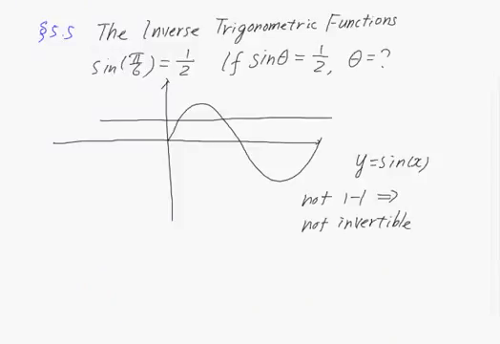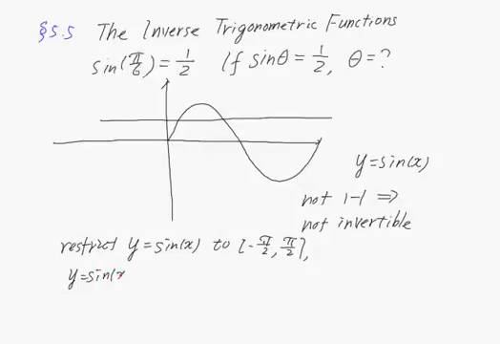So when we restrict y equal to sine of x to negative half pi to half pi, then this function, y equal to the sine of x restricted to this closed interval, is a 1-to-1 function.